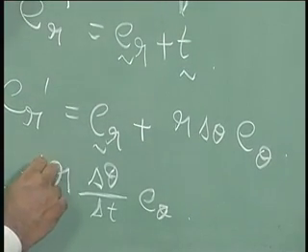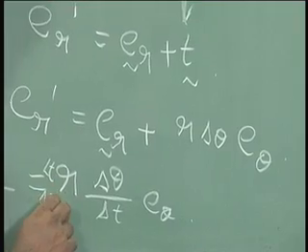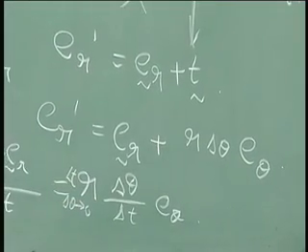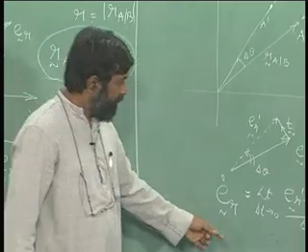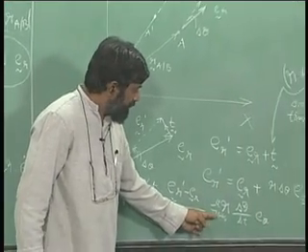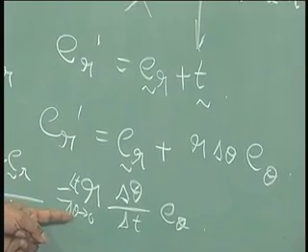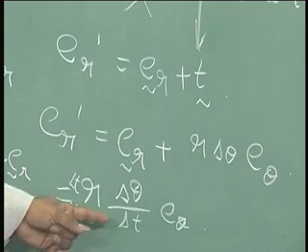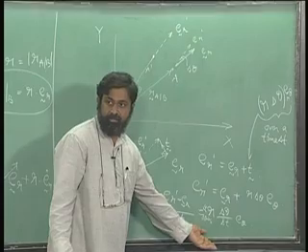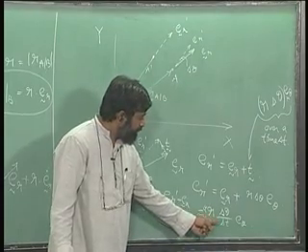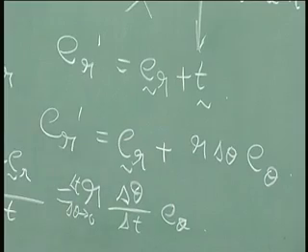Let me put a limit over here. This is okay. What is limit as delta theta or delta t tending to 0? Delta theta by delta t, it is theta dot. So, I have r times theta dot E theta as ER dot.